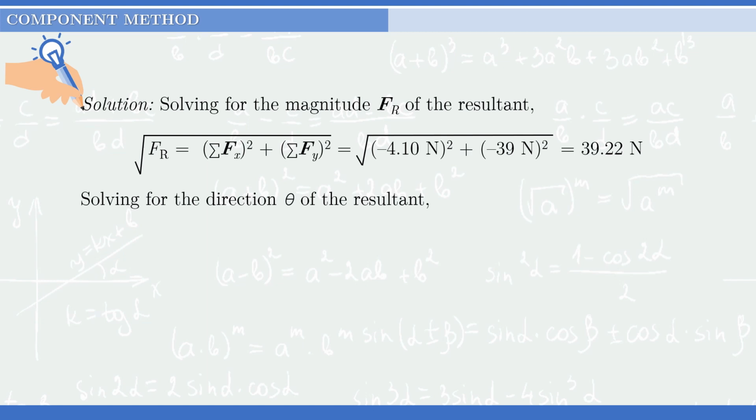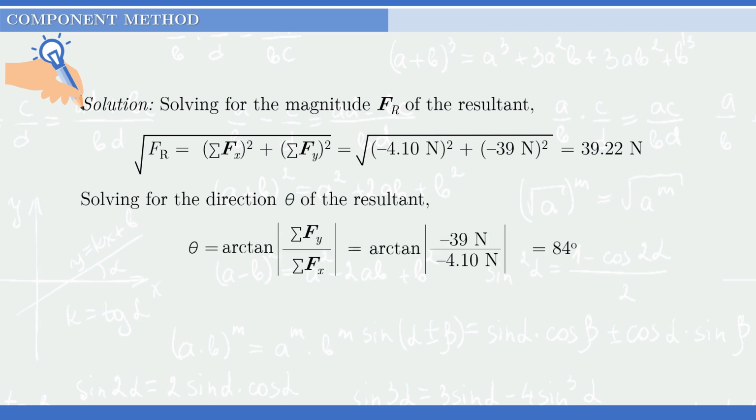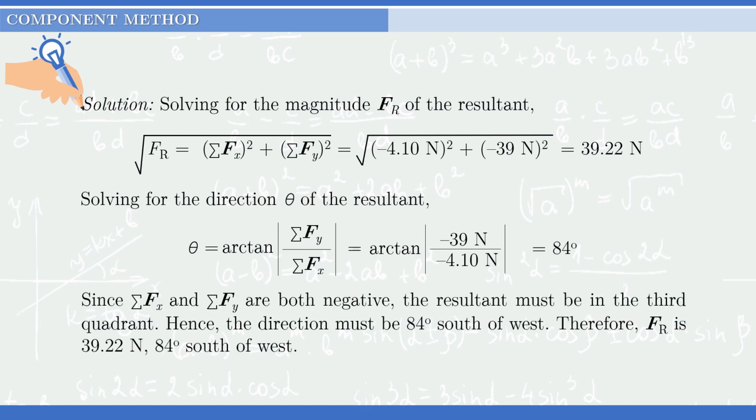To solve for the direction of the resultant, theta, we have theta equal to arctan of the absolute value of the summation of F sub y over the summation of F sub x, which is equal to arctan of the absolute value of negative 39 Newton over negative 4.10 Newton, which is equal to 84 degrees.